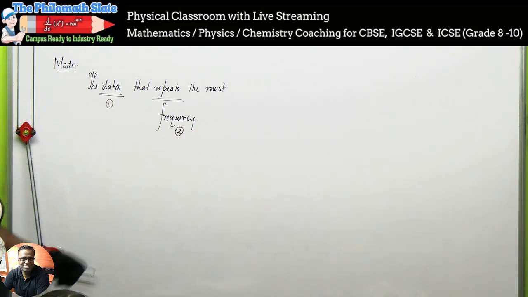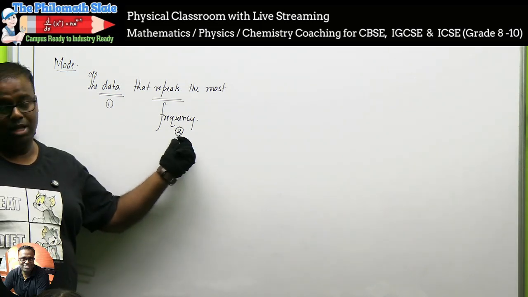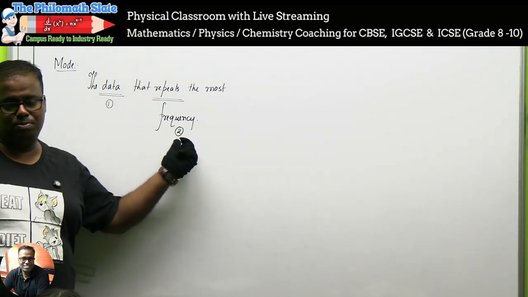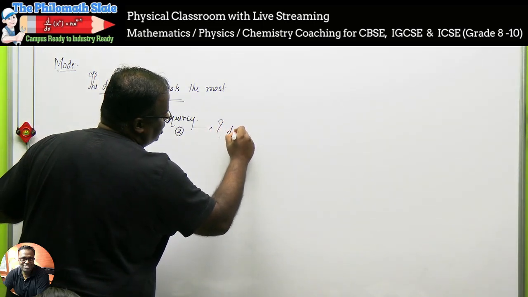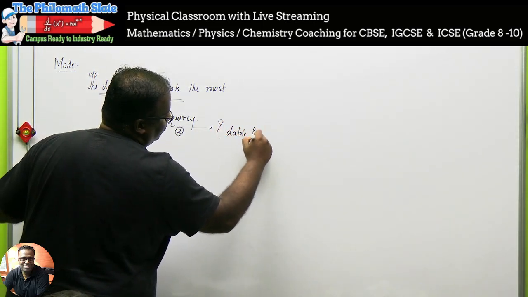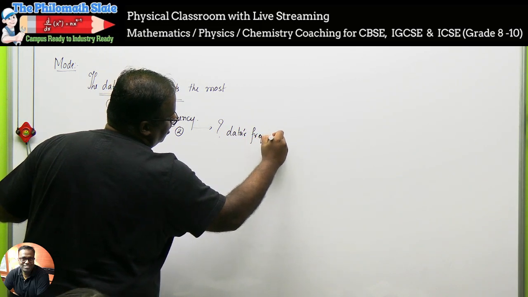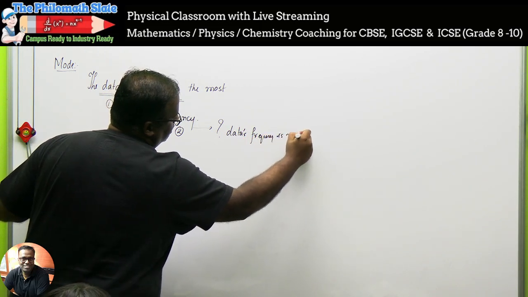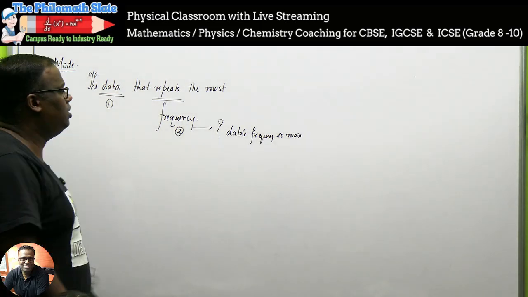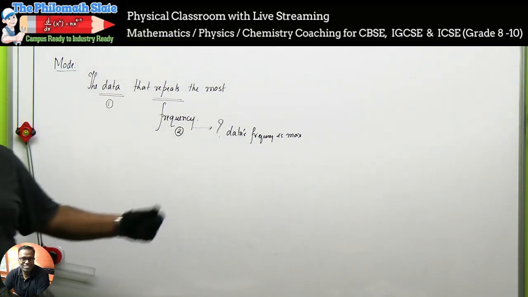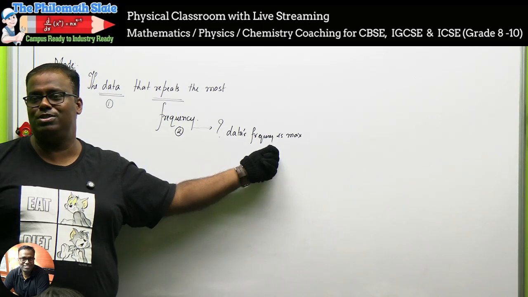First, you have to look at frequency, and you find out whose frequency is maximum. So you would like to find out which data's frequency is max. That means you look for the max value of the frequency. And after that, children get so excited that they declare this max value of the frequency as the mode.